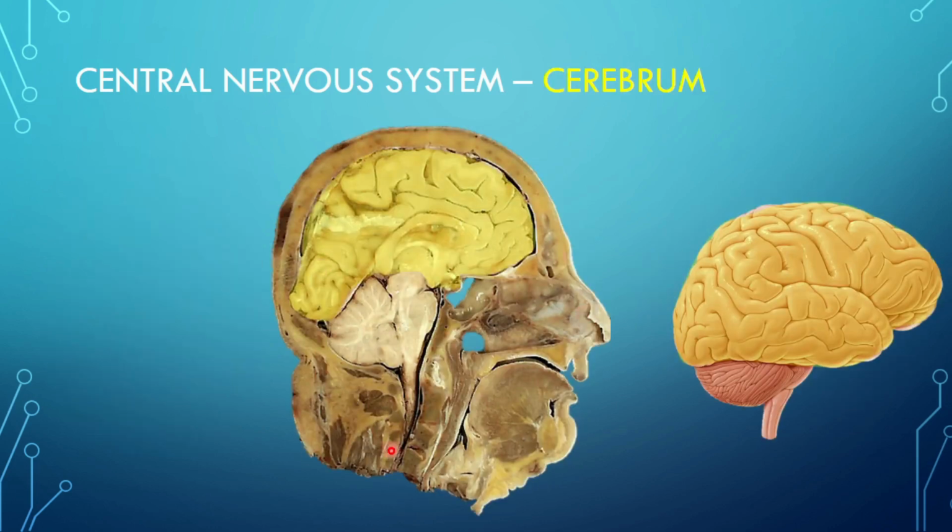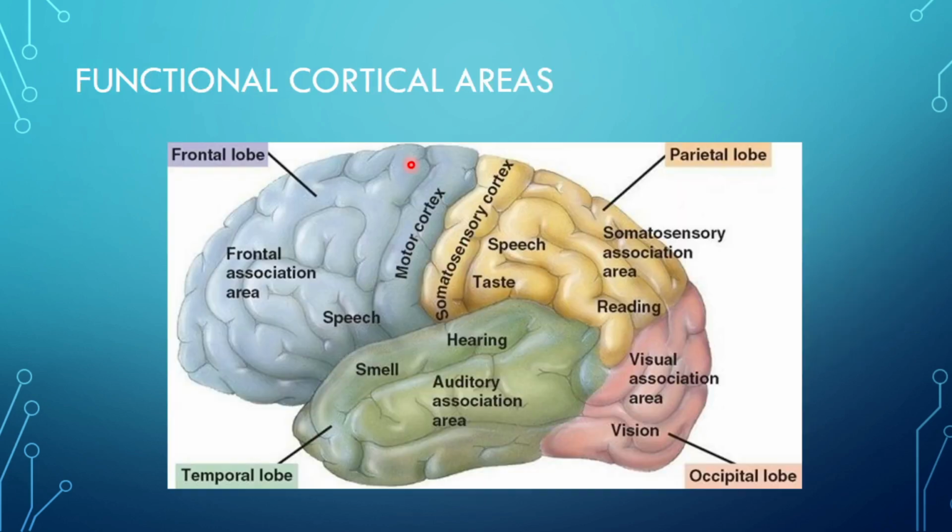This is a sagittal section of a human head. What we are looking at is the cerebrum here within the brain case. All of this that is highlighted in yellow is the cerebrum. So whenever I refer to cerebral cortex, I'm referring to the outermost shell, if you will, the outermost grey matter of all of this.